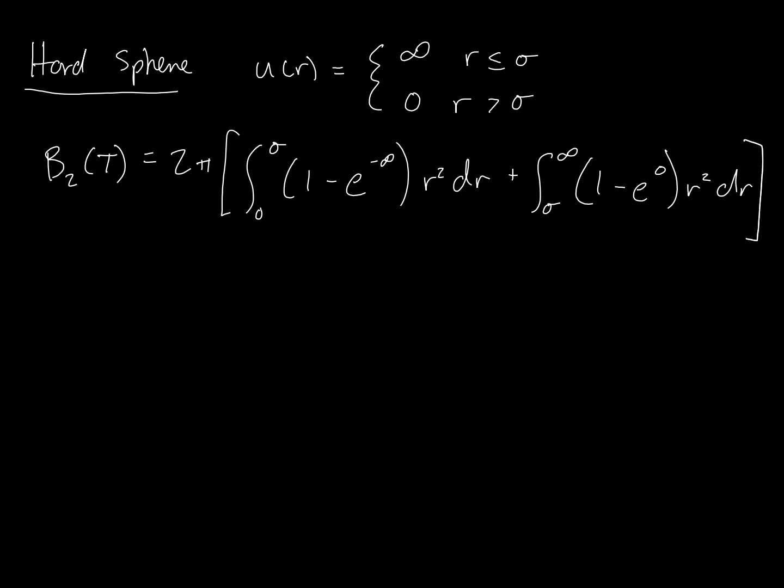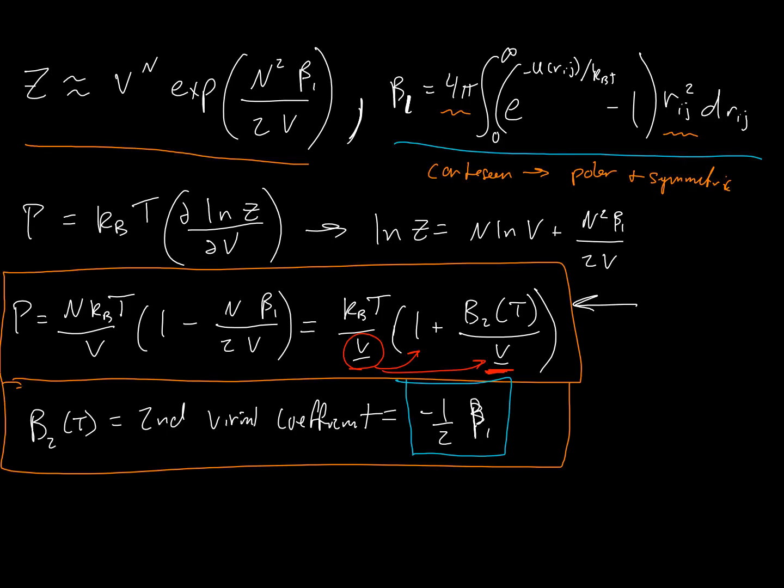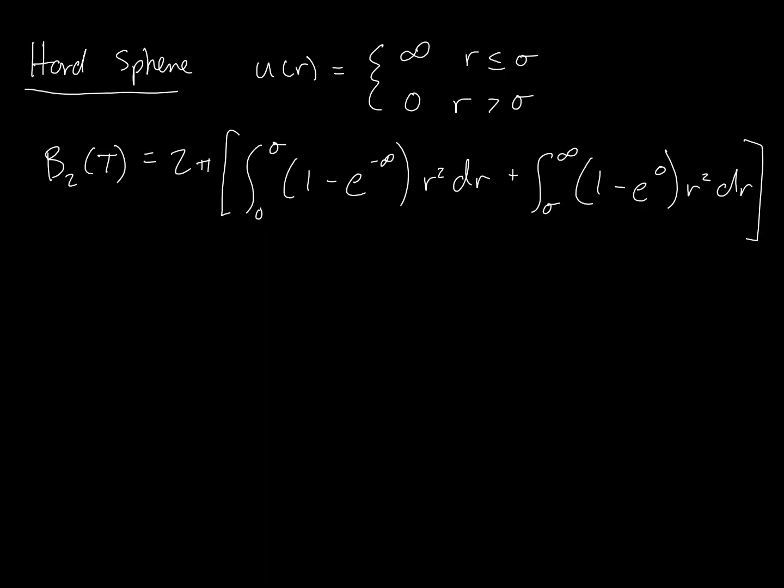So a couple things that changed, if I just go back really quickly. Right, this is a little bit different up top here. The 4 pi becomes the 2 pi because of the 1/2, and then I switched these two because of the negative. Then the only other thing is we're breaking the integral up into two integrals because it's a piecewise function. The first term goes from 0 to sigma, where we plug in the energy of infinity, so you get minus infinity.